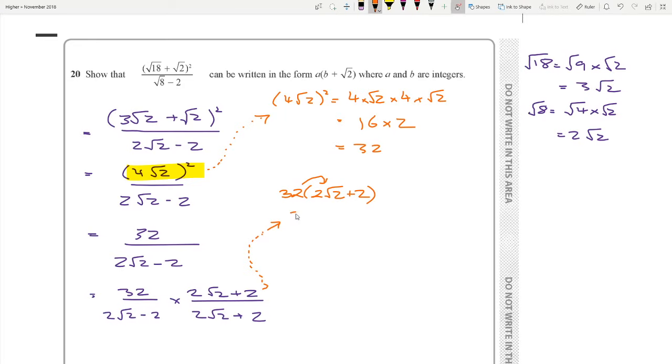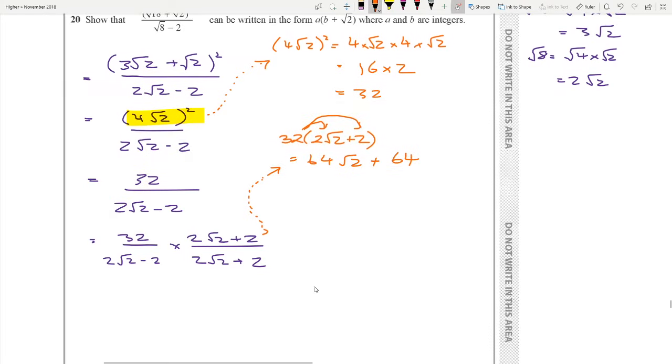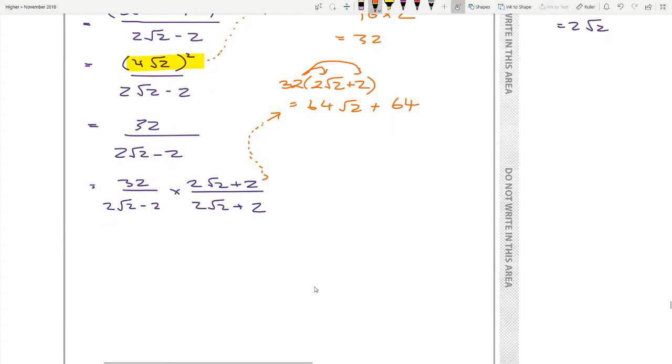You're going to get 64 root 2 add, then 32 times 2 is just 64 again. Okay, so scroll down a little bit. That's the numerator.